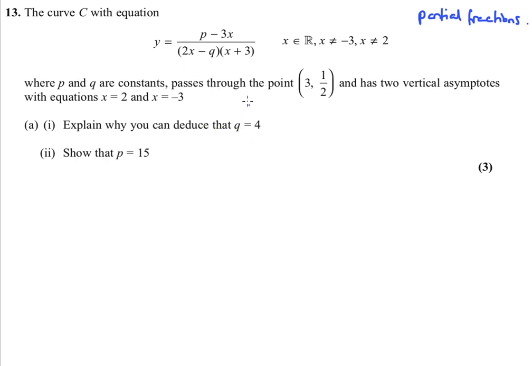And this q has to be 4 because of the vertical asymptote at x equals 2. So for part 1, since 2x minus q can't equal 0, or leads to, is probably a better way to say it, leads to a vertical asymptote.